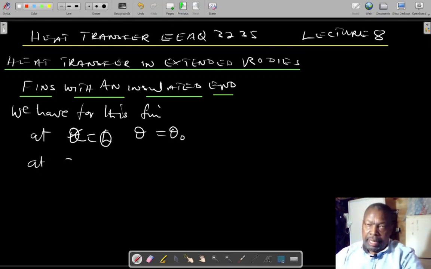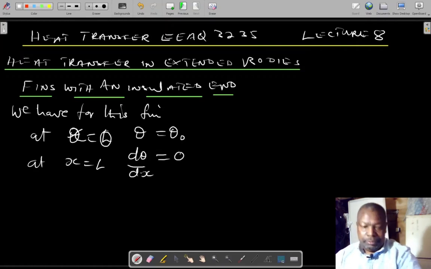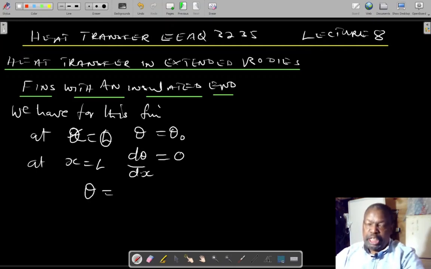At x equals L, there will be no heat loss to the atmosphere, so it means that d theta by dx will be equal to 0. And last time we came up with a general solution: theta is equal to C1 e^(mx) plus C2 e^(-mx).